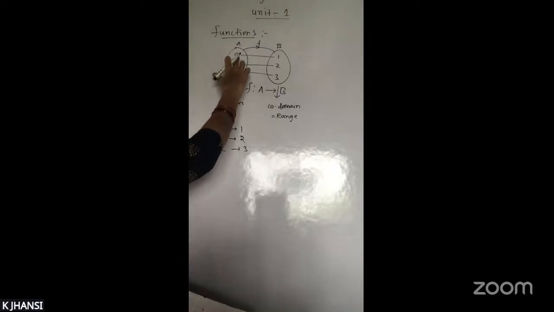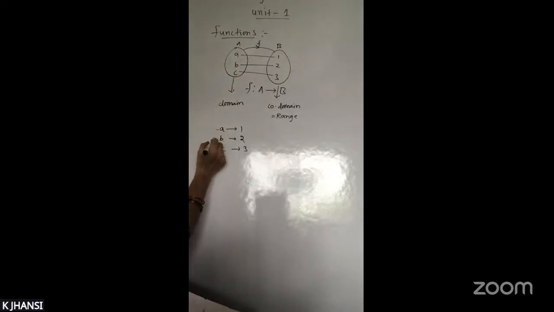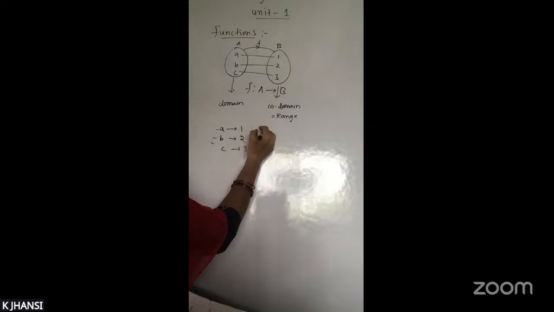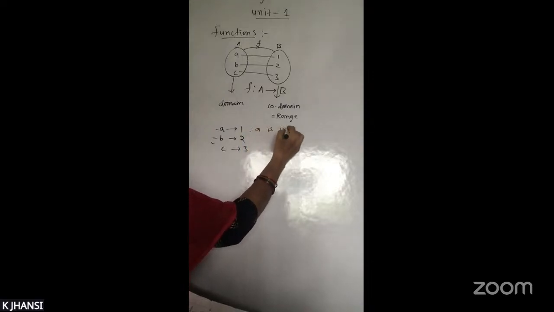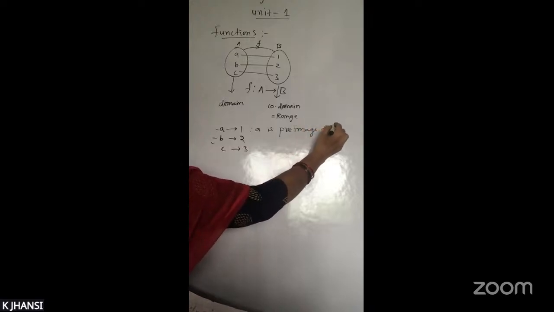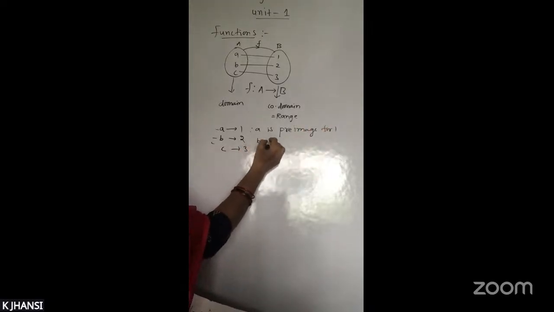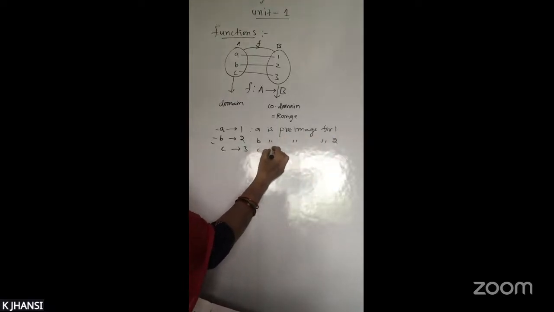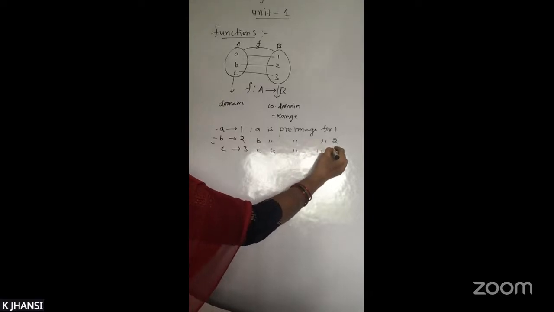These A, B, C are the pre-images of 1, 2, 3. So we write A is the pre-image for 1. Similarly, B is the pre-image for 2. C is the pre-image for 3.